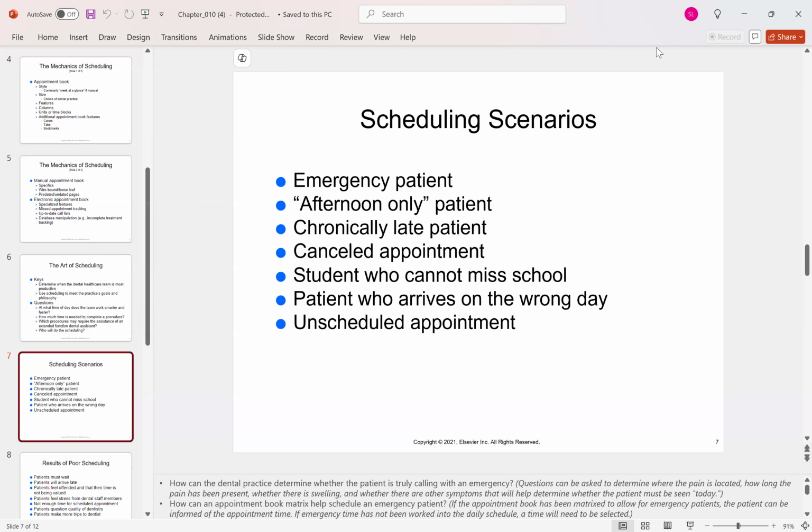Do we need to write a note in their records just to know that they are usually late? Patients who cancel, a student who cannot miss a school day, maybe a patient who arrives on the wrong day. So we want to know, are we going to accommodate them, or how are we going to de-escalate the situation if this does happen?